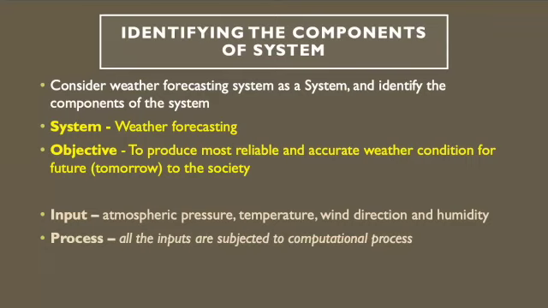If the temperature is increasing, tomorrow also there will be an increase. This is the process. Then the output: the weather forecasting system provides accurate and reliable weather for tomorrow. So we have achieved the goal.